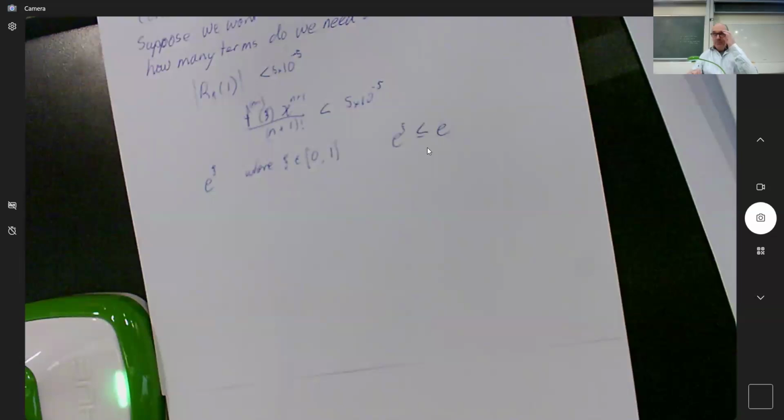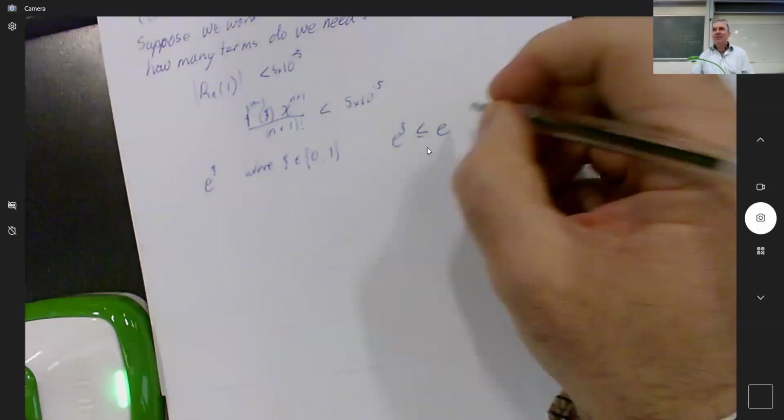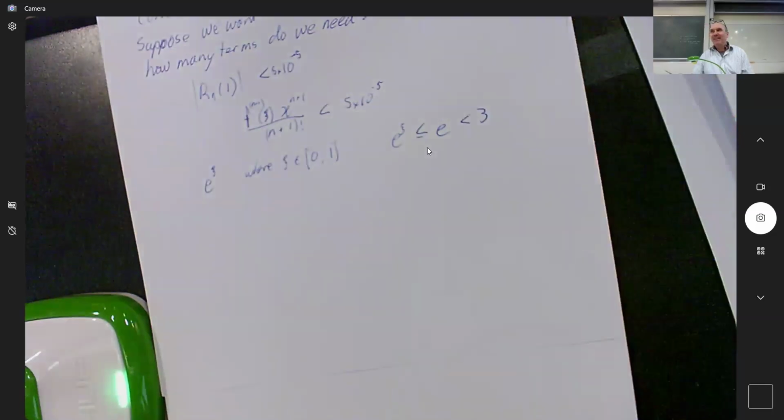Now, if we're in a world where we don't know what e is, then possibly knowing that that number is e is not very helpful. So what I'm going to do is say it is less than 3. There's a whole lot of stuff I can do to show that e is less than 3.